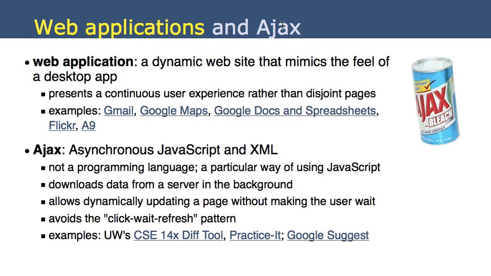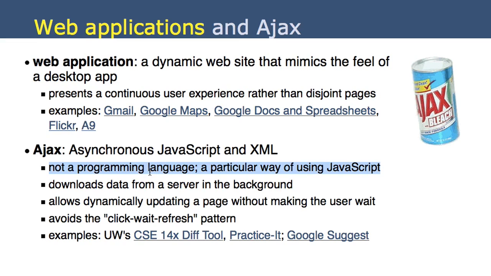We don't need to submit a form. We're going to make a separate request, just like we were a little mini browser making a form submission. We're going to submit that behind the scenes to the server. And this has become an integral component of powerful applications on the web. It's not a programming language. We're going to be using JavaScript to do AJAX.